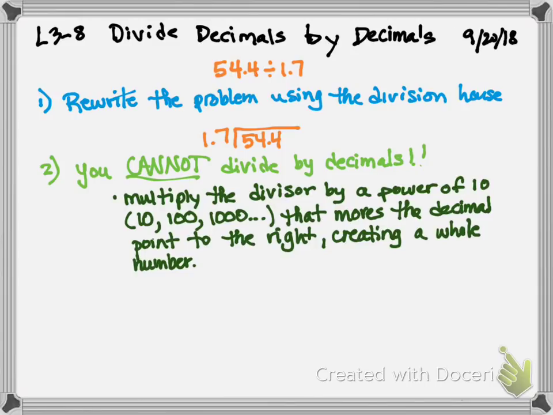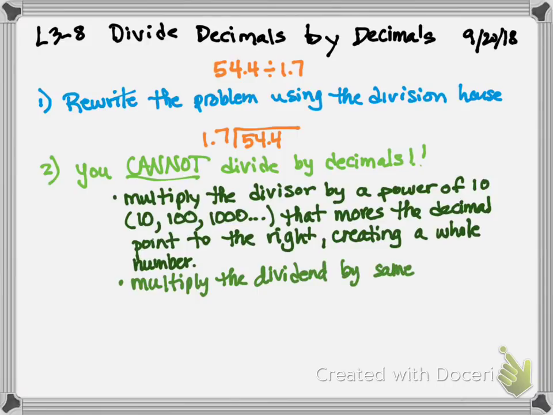Okay? Now, remember I talked about being fair. So once I've multiplied the divisor by some power of 10, I'm going to multiply the dividend by the same power of 10.